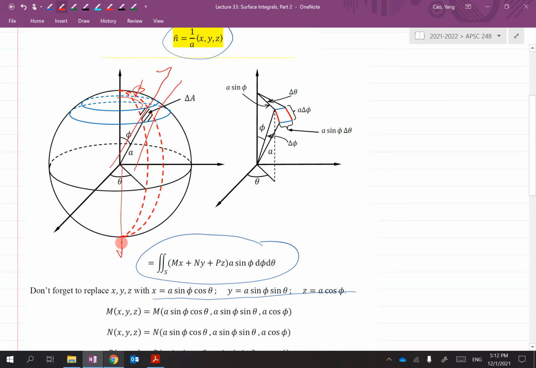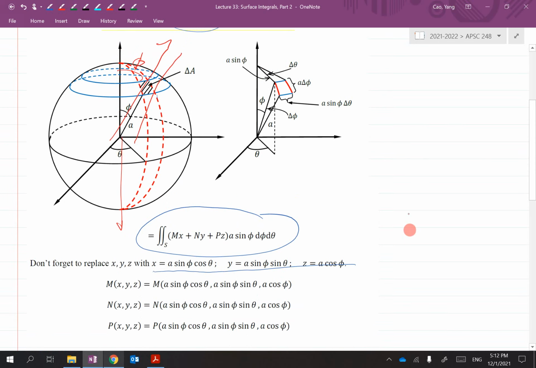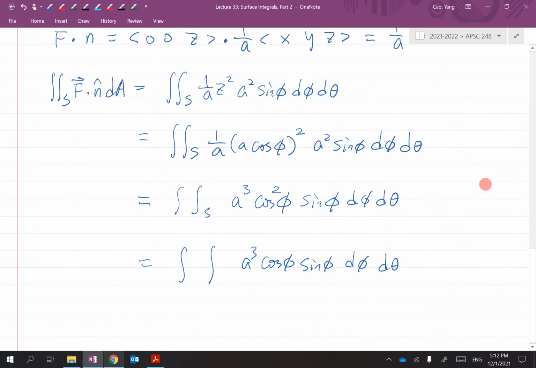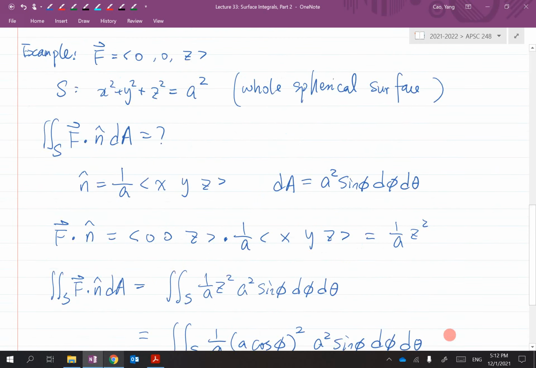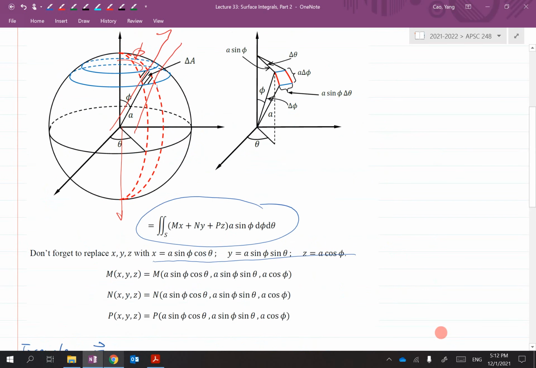For phi angle, the maximum value is pi. You cannot exceed pi, and the minimum is 0. For this case, because it's the whole surface, your phi limits will start from 0 and end at pi. So you can insert the limit for phi as 0 to pi. And then finally, the theta angle. Theta angle is determined by the shadow of the surface in the xy plane.